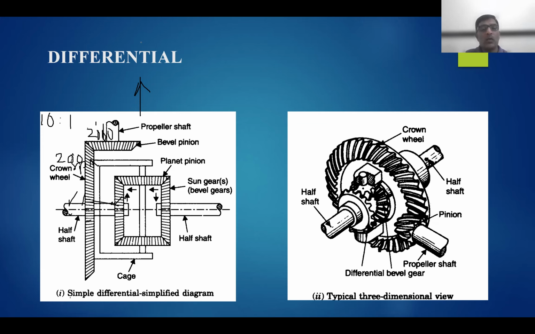There is no difference in the distance which these wheels have to cover. So basically, whenever the vehicle is moving in a forward direction, whatever cage speed of 200 RPM, which we have considered as an example, that is given to the rear axle.